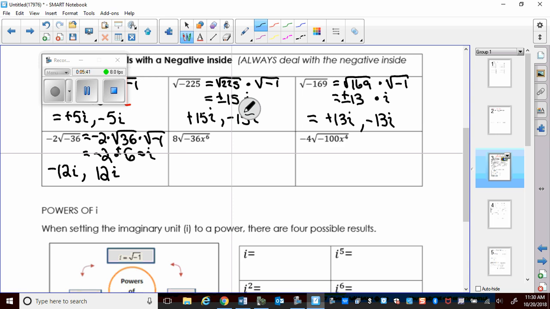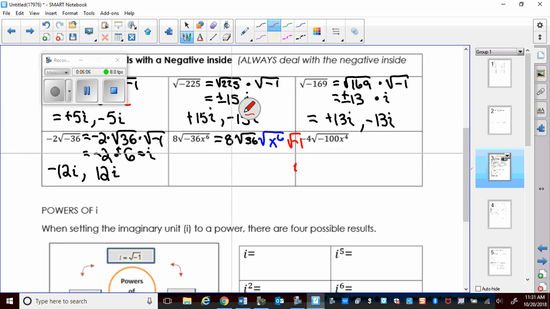Okay, next one, we have a variable term in there. If you don't recall how to do variable terms, we're going to do that. But first, let's take care of this number. 36 becomes positive. And I'm going to just write the square root of x to the 6th. And then in red, I'm going to have the square root of negative 1.